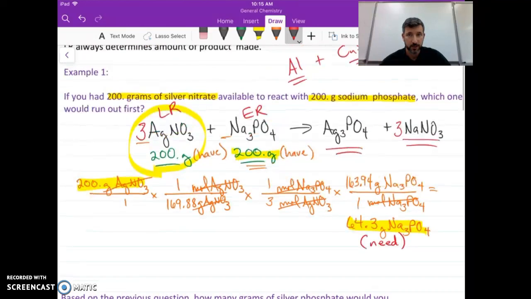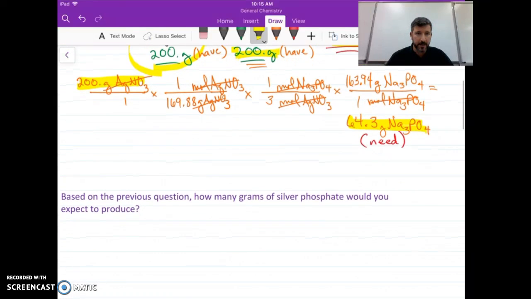So how much of this stuff would we make? We want to base that on this 200 grams of silver nitrate, because I know that is going to run out. Okay? So let's go ahead and do that calculation.